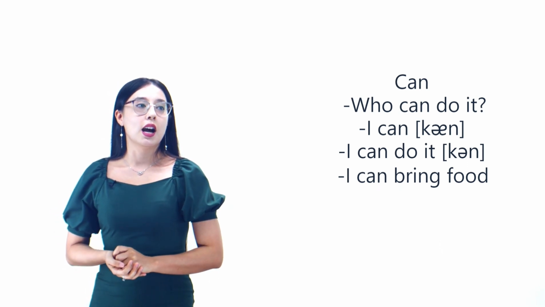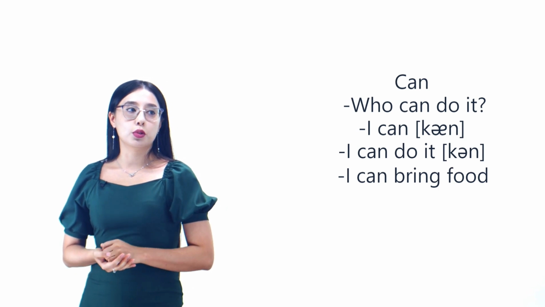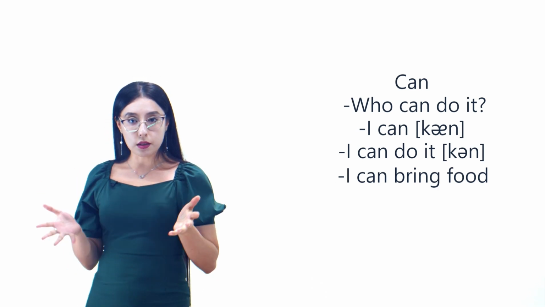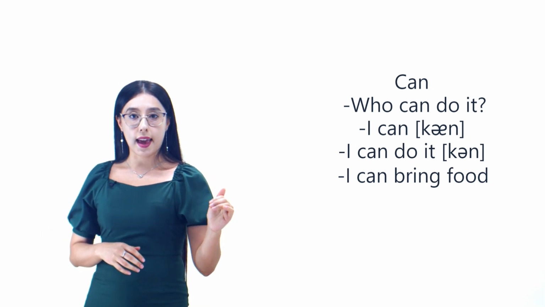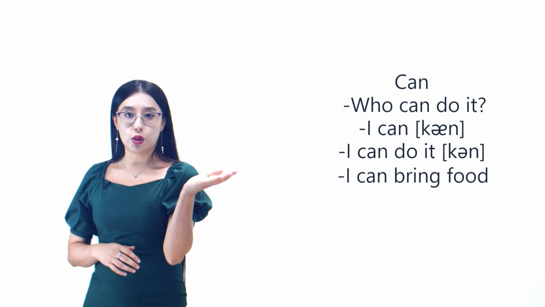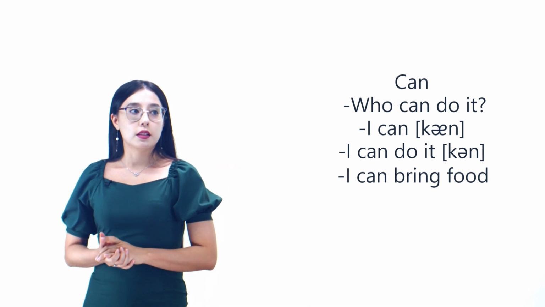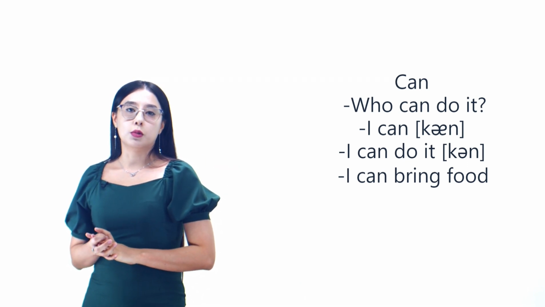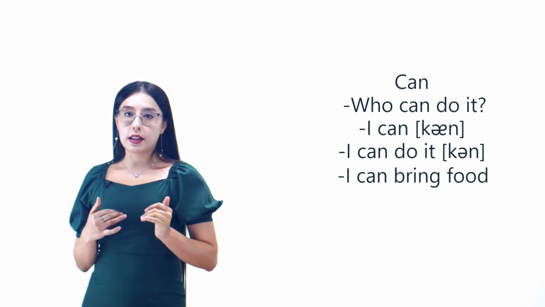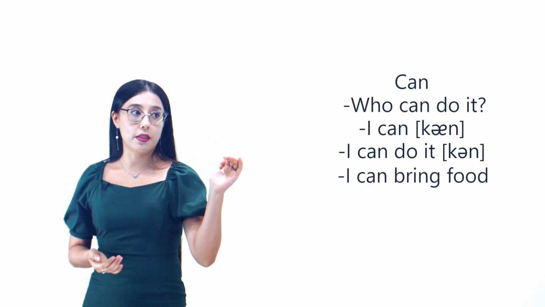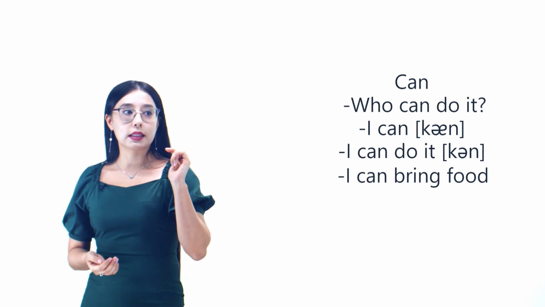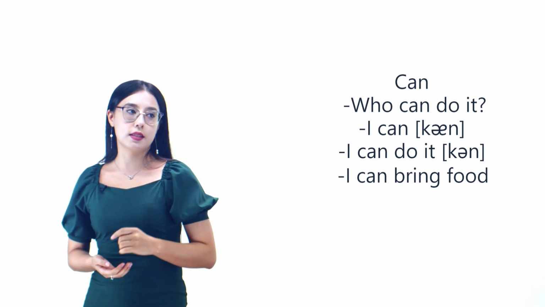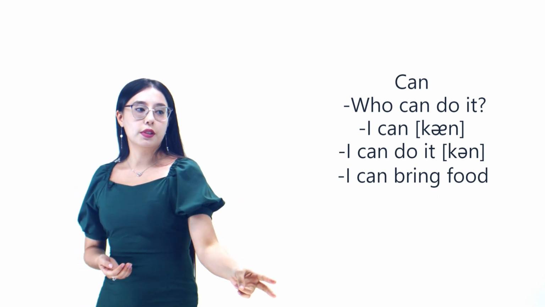But when this kind of modal verb is used as a main verb, you can't reduce the sound. Like I can. Here it's a main verb, not an auxiliary verb. Therefore, don't forget, when your modal verb is a main verb, you can't reduce the sound. But in other cases, you can. Can do it. Can bring, like this. It's one example for reduction.